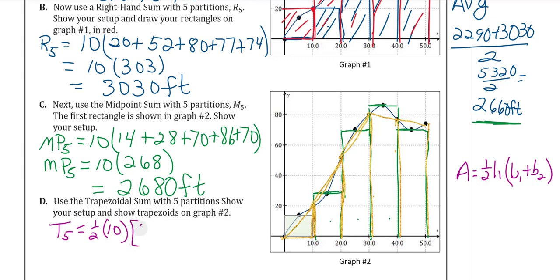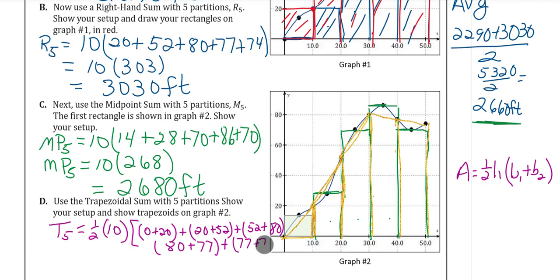And then what I'm going to do is show adding of the bases. So the first trapezoid, you're adding 0 and 20 for the two bases. The second trapezoid, you're adding 20 and 52. For the third bases, you're adding 52 and 80. For the fourth bases, you're adding 80 and 77, and then the last set of bases is 77 and 74.